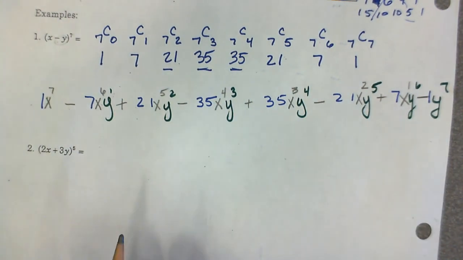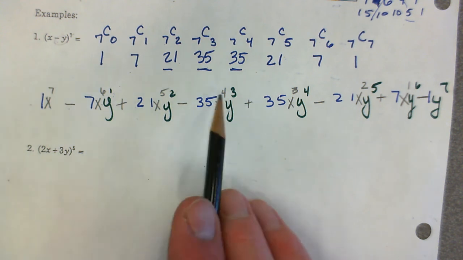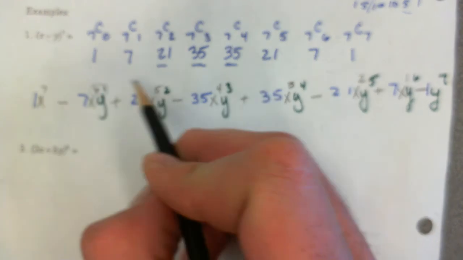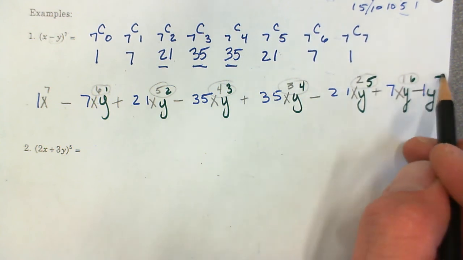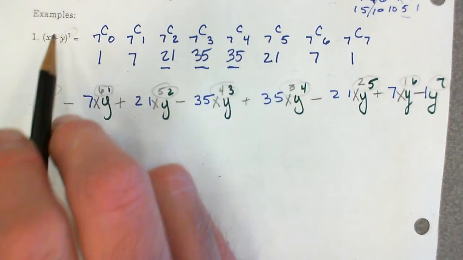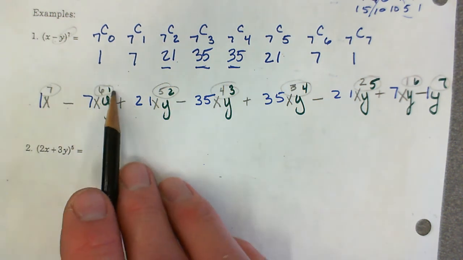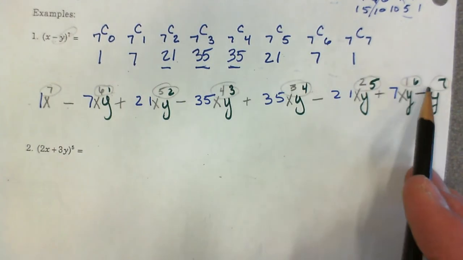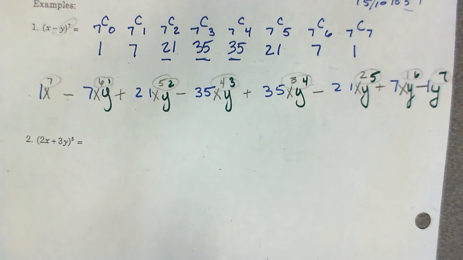And something else to help you, because sometimes you'll get lost in your powers, sometimes you lose your place. Notice that all your powers here always add up to your original exponent. 7, 6 and 1, 7, 5 and 2, 7, 4 and 3, 7, 3 and 4, 7, 2 and 5, 7, 1 and 6, and then obviously just 7.